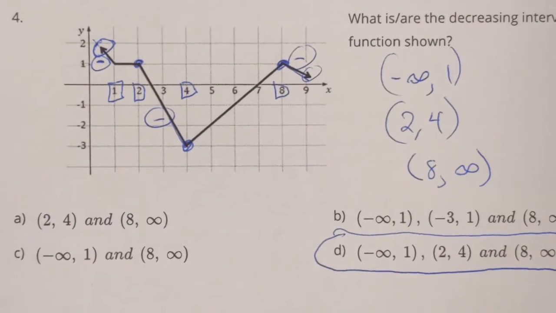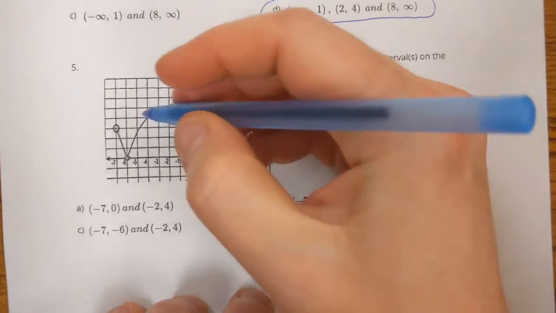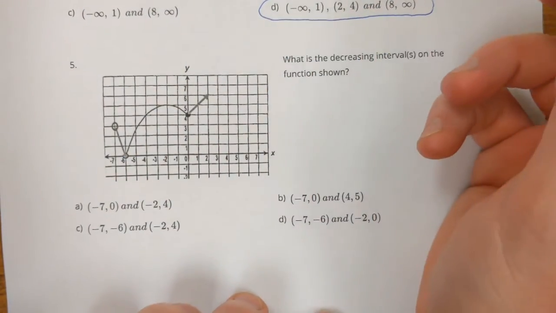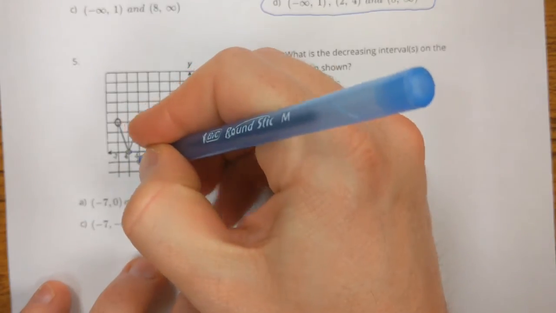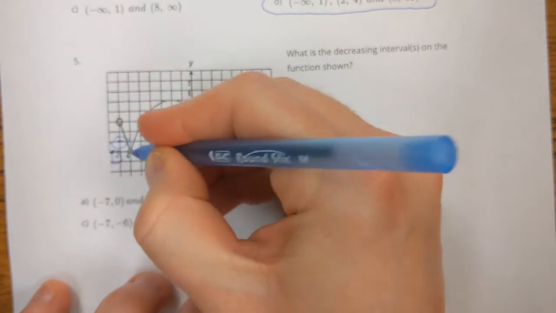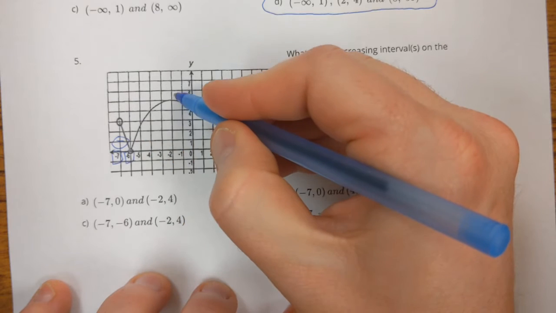Okay, so that's the gist of this assignment. Let's look at one more. Let's look at number 5. So if there's a curve, you have to decide exactly where that curve changes. So here we have this interval right here. Here it's going down from the -7 to the -6. And then you see this curve starts going up.